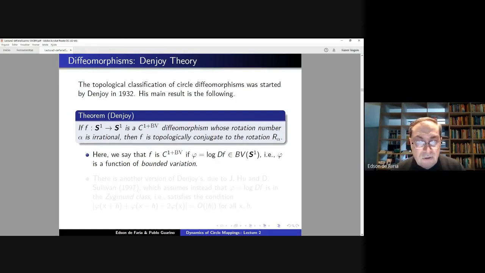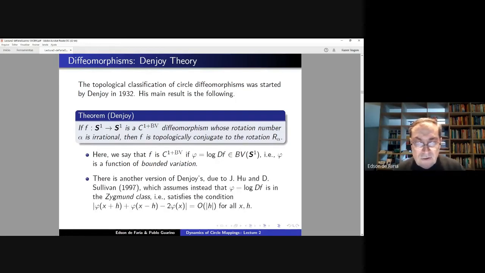But there is a new version from the last 20-something years which is due to Hu and Sullivan, which instead of assuming that the logarithm of the derivative is a function of bounded variation, assumes that it is what we call a Zygmund function. So it's in the Zygmund class.